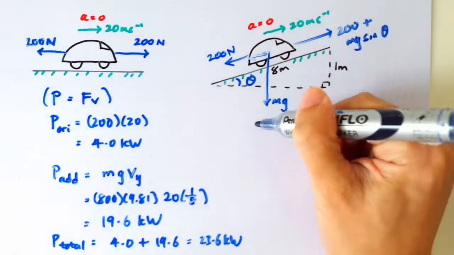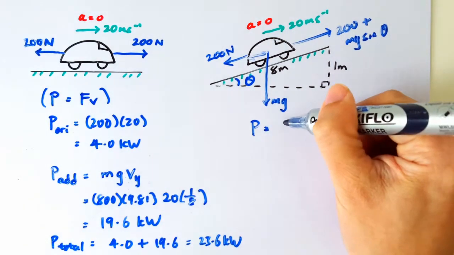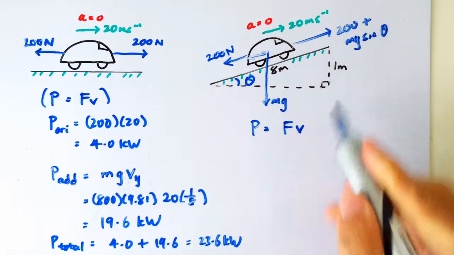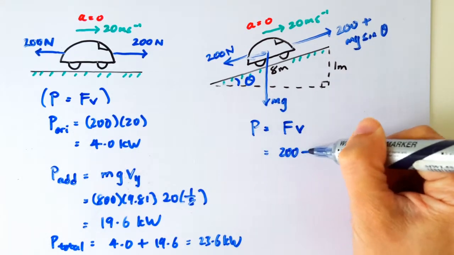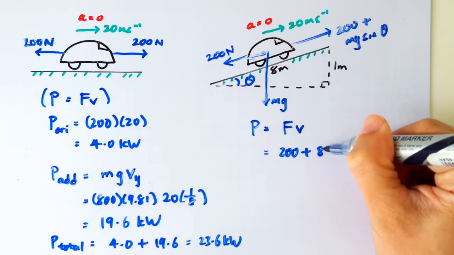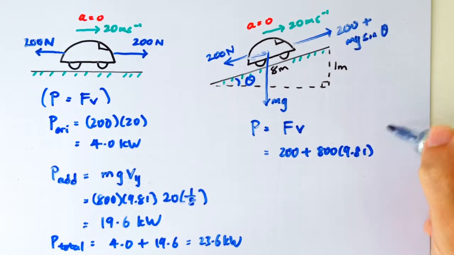So the power that's required is of course still calculated by F times V, but the F now will be 200 plus mg sine theta. So m is 800, g is 9.81, and of course there's a sine theta, which is 1 over 8, right?